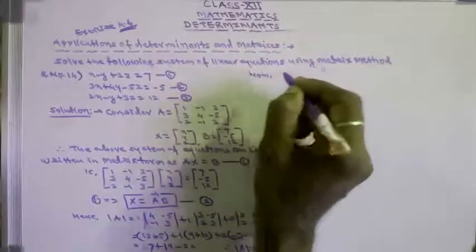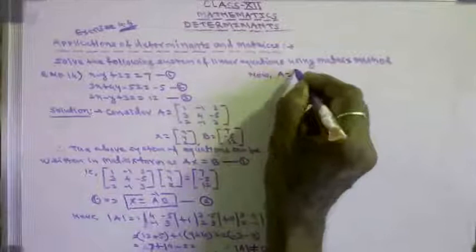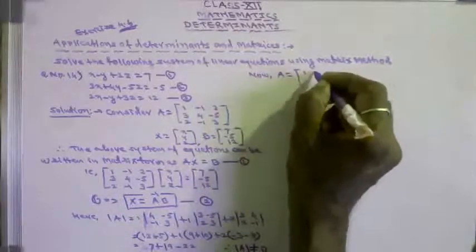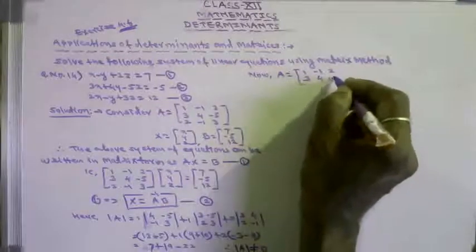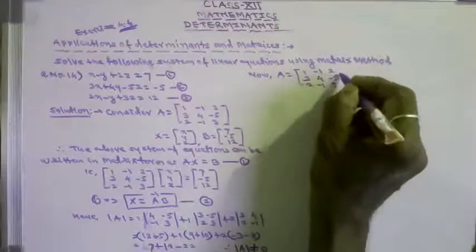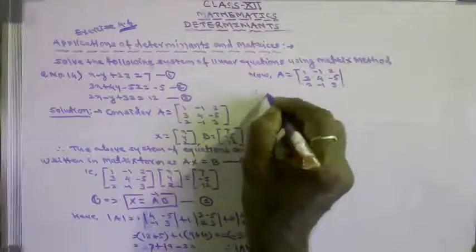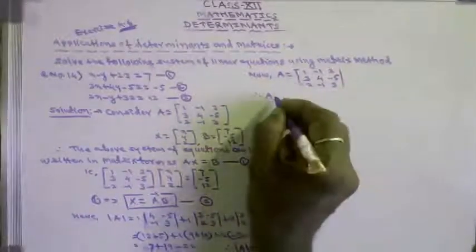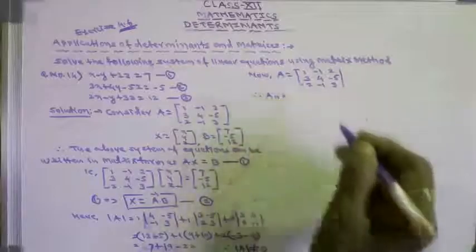Now capital A equals 1 minus 1 2, 3 4 minus 5, 2 minus 1 and 3. Therefore, to find the adjoint, find out the cofactors.